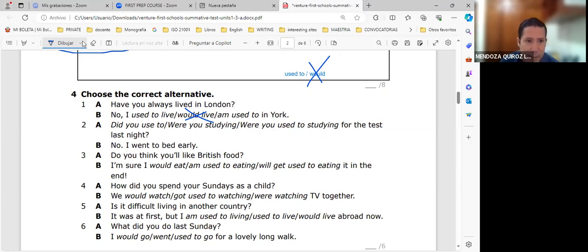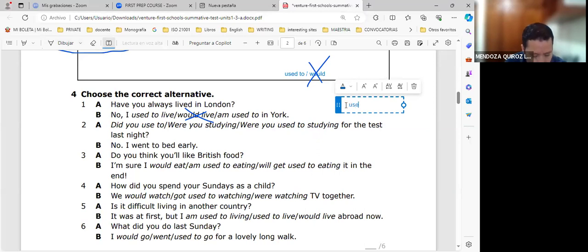I can say, for example, I used to play basketball, or I would play basketball, because there is frequency in that case, yeah?